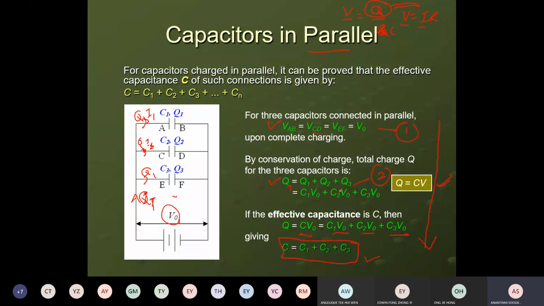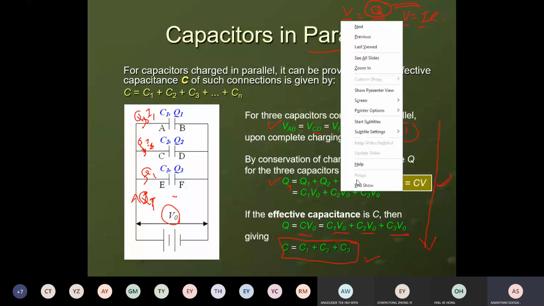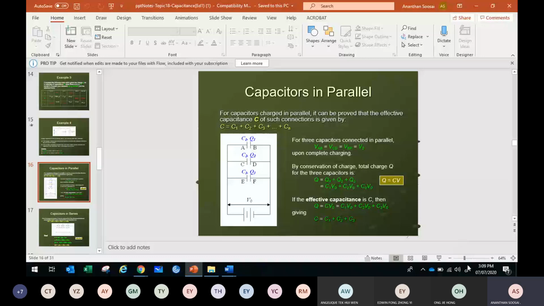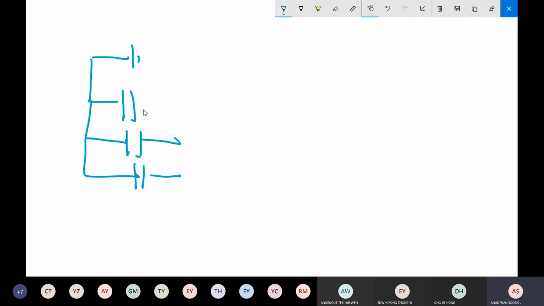Okay. Now, for example, one question. Let's say you have a battery. You have three capacitors connected here. This is 2 microfarad.